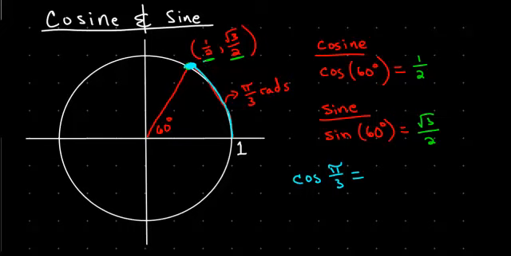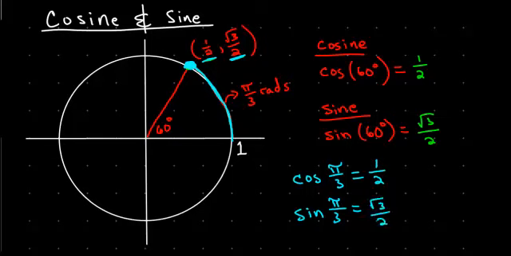The cosine is the x-coordinate, 1/2. The sine of pi over 3 rads is, again, you get to that point, and it is √3 over 2. The y-coordinate is the sine.